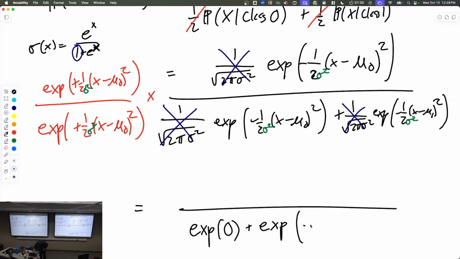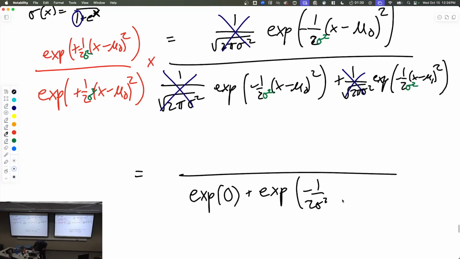And again, I can factor out all these common factors at the beginning: 1 over 2 sigma squared, and then I'll have (x minus mu1) squared in brackets minus (x minus mu0) squared.